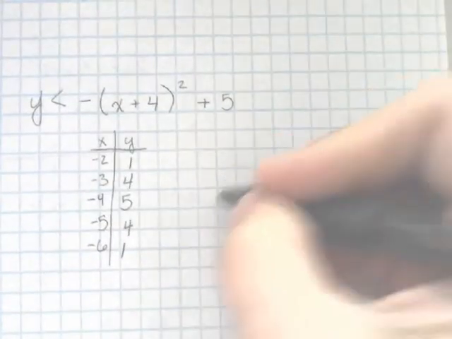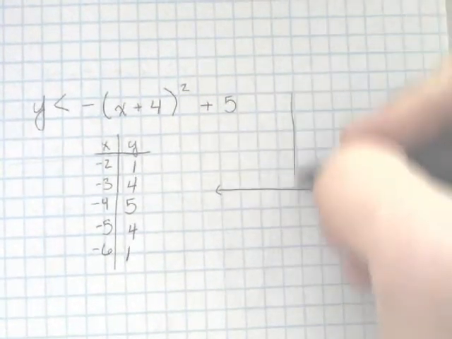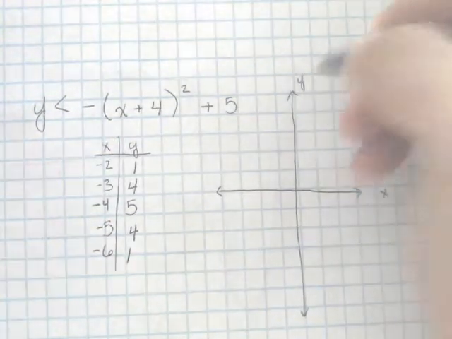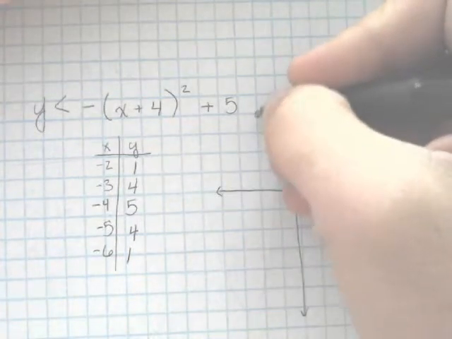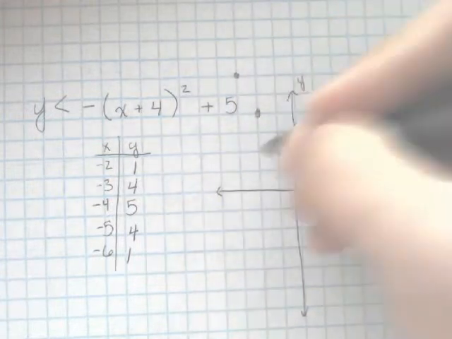Alright, I'll go to my x and y coordinate plane. I'll plot my points. It's negative 2, 1; negative 3, 4; negative 4, ooh, 5, went right back into the problem. Oops.